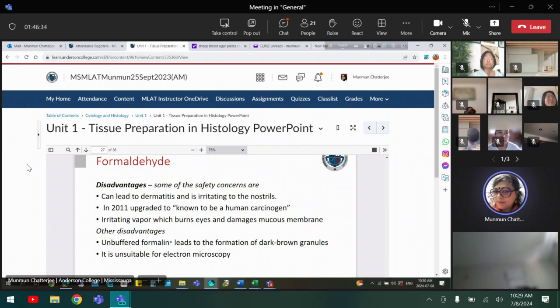So you have to always buffer the pH of the formalin. It is unsuitable for electron microscopy. You cannot use formaldehyde for electron microscopy.